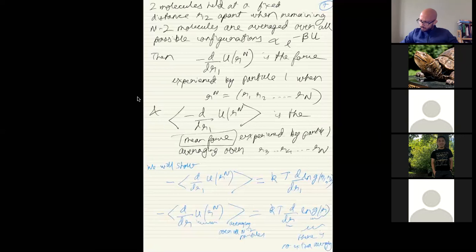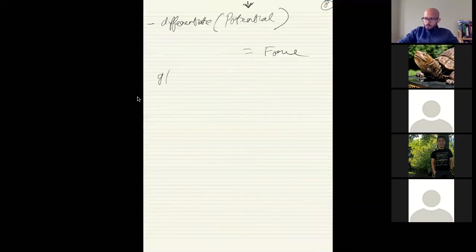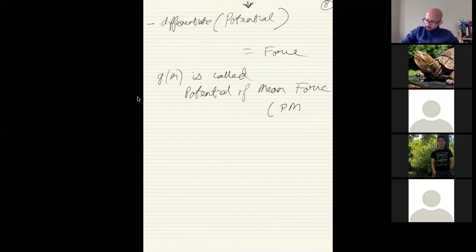And here, this is the averaged force. We are getting it by differentiating log of g(r). So log of g(r) is like a potential. This is why g(r), or you could have called it log of g(r), but in general g(r) is called the potential of mean force, abbreviated as PMF.